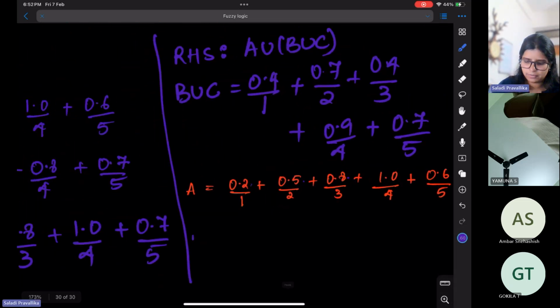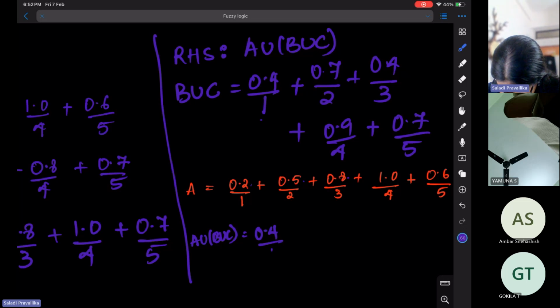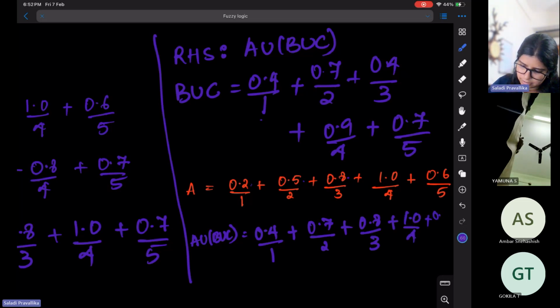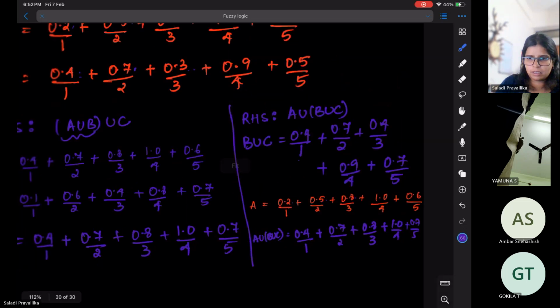So let us solve for A union B union C. For x equal to 1, the highest value is 0.4, plus for x equal to 2, highest is 0.7. For 3, it is 0.8. For 4, it is 1. For 5, it is 0.7. Right?